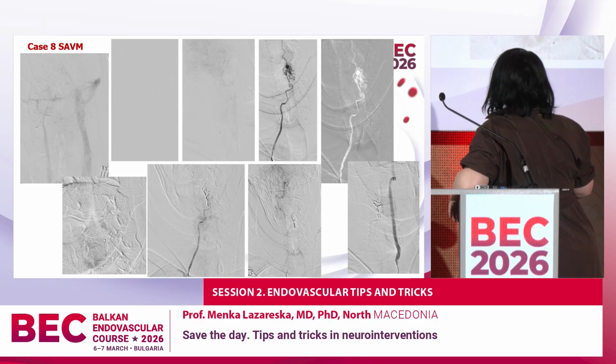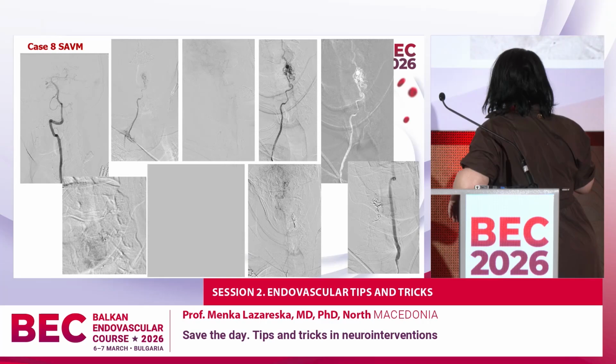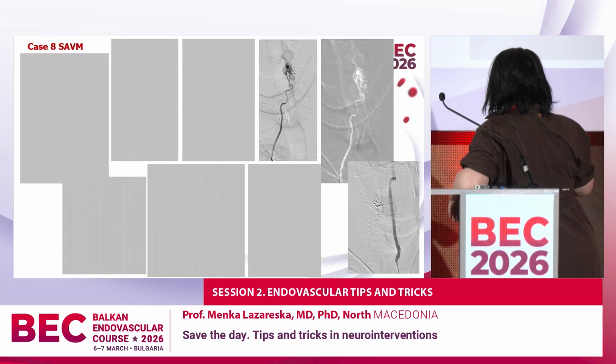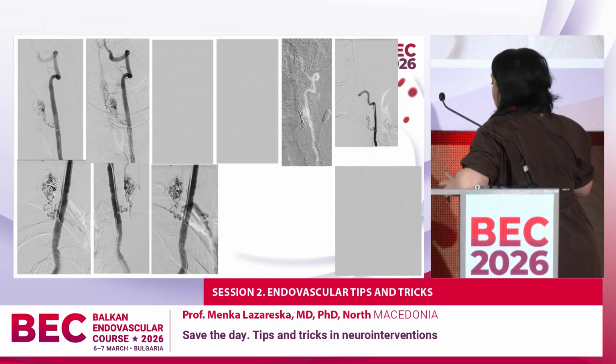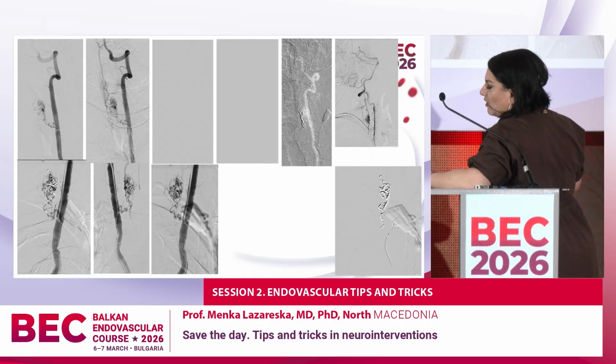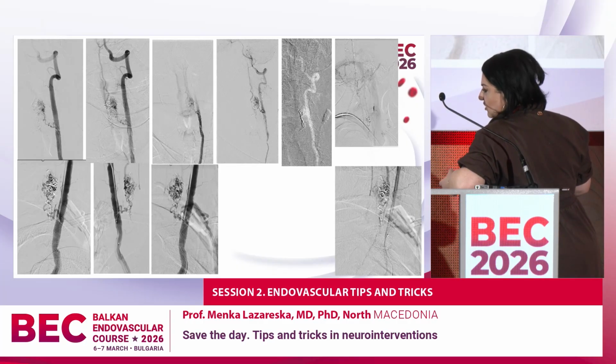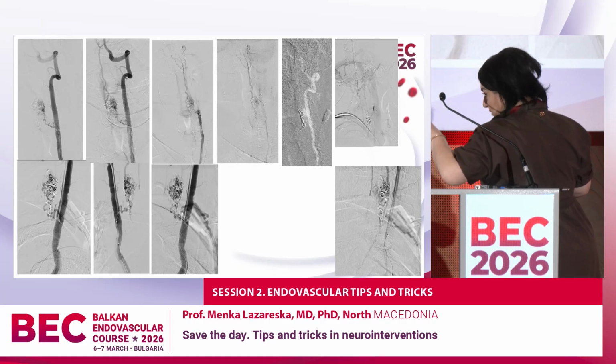I forgot to tell you that the main feeder, the rupture, was from this ascending cervical branch because of the aneurysm that is in that part of the AVM.